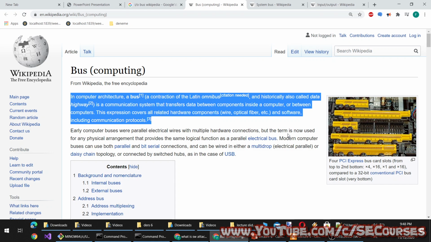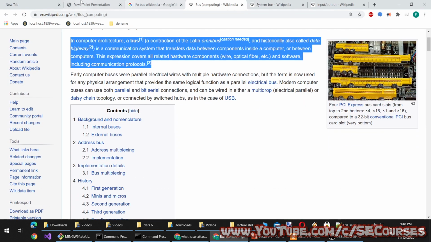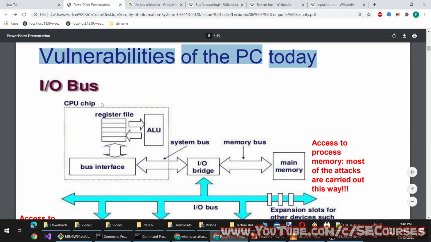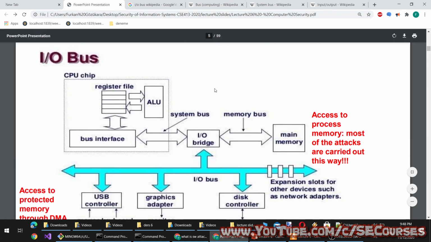In computer architecture, a bus, a contraction of the Latin omnibus, and historically also called data highway, is a communication system that transfers data between components inside a computer, or between computers. This expression covers all related hardware components, wire, optical fiber, etc., and software, including communication protocols. Okay, so this is input-output bus of the system.